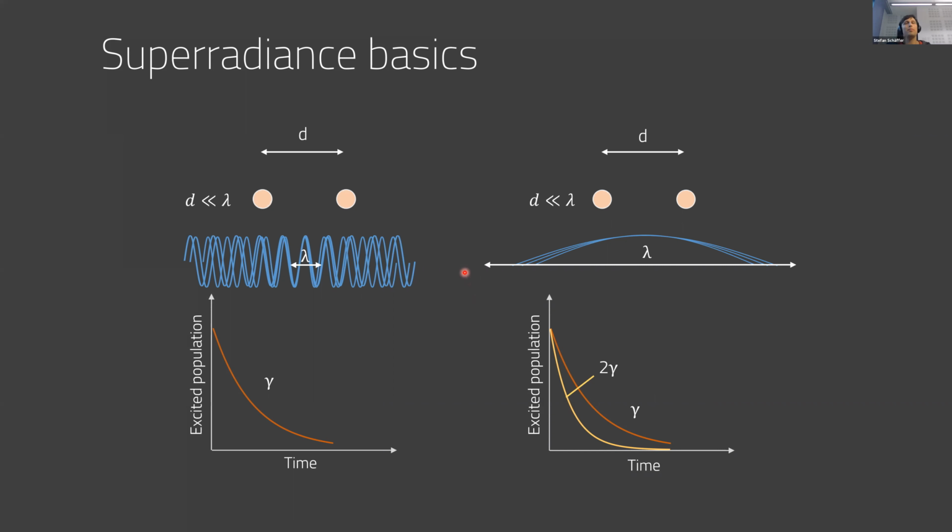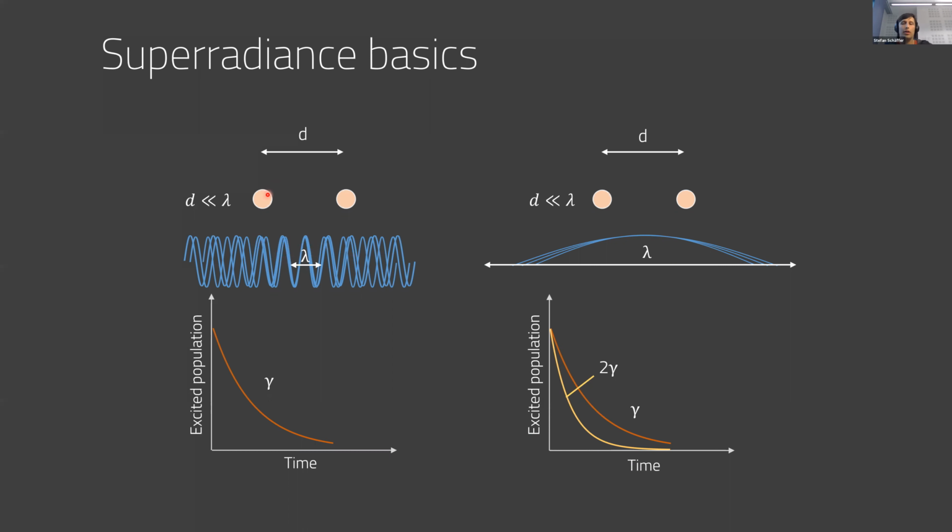So for these two atoms, they need to be indistinguishable with respect to the field, the radiation mode that they're coupling into. So if you have atoms that are separated a lot compared to the radiation wavelength, then the small phase jitter will have very large effects.